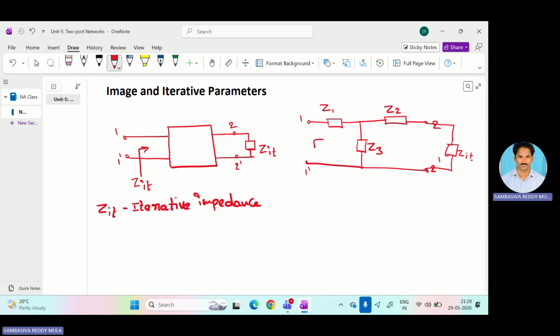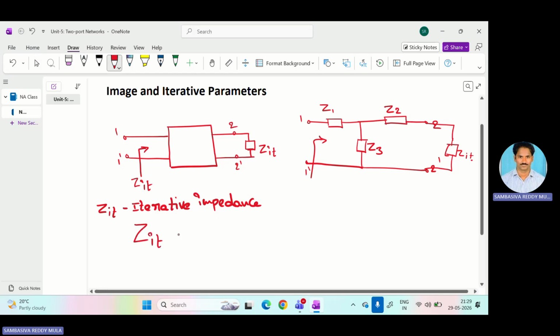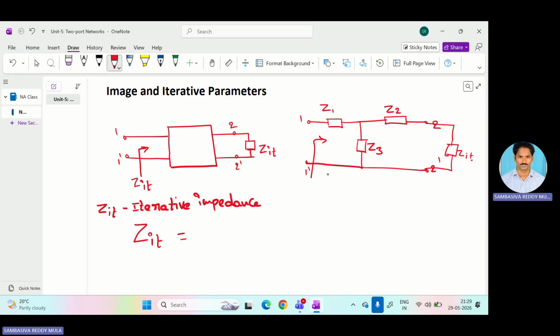Then if you measure the input impedance at the input terminals, the iterative impedance of this T network can be given by, so here Z2 and ZIT are connected in series. So this equivalent is ZIT plus Z2.